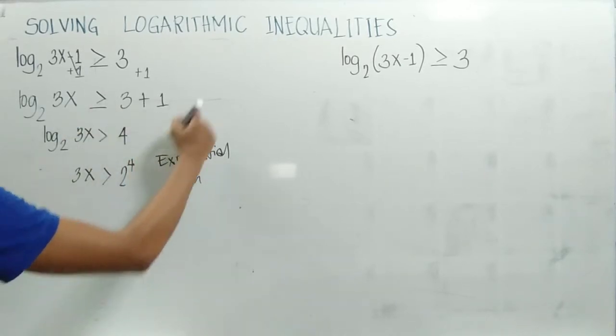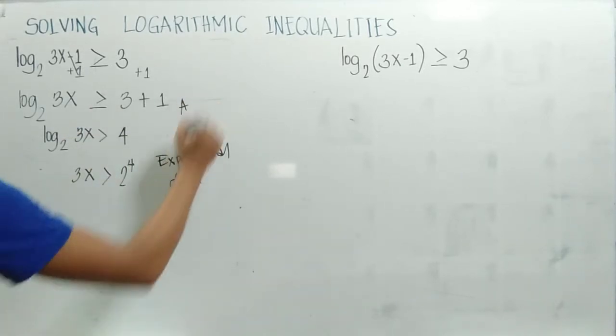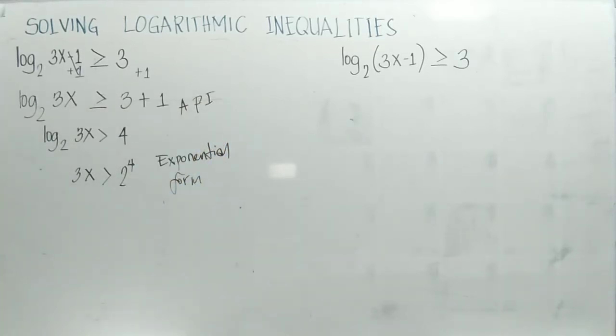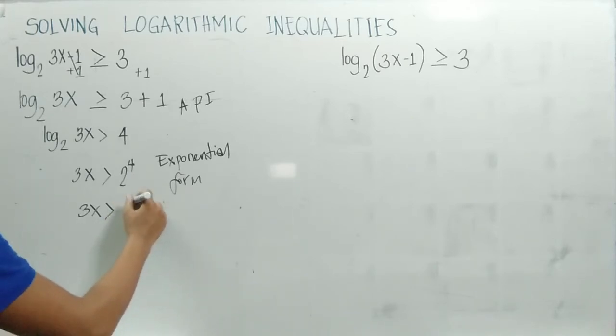Here we have used the addition property of inequality. Then simplifying, we have 3x equals 2 raised to 4, which is, of course, 16.